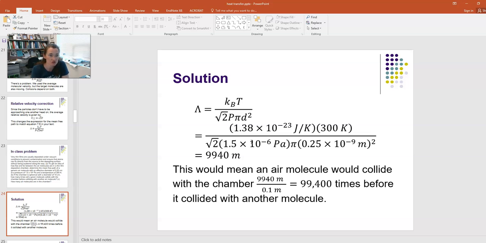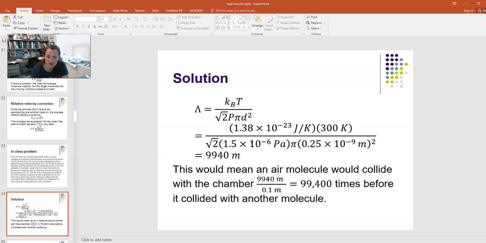T is the temperature, which was given in the problem as room temperature, about 300 Kelvin. Square root of 2 is in there. The pressure was given as 1.5 times 10 to the minus 6 pascals. And then, of course, we have pi times the diameter of the molecule, d squared. So the diameter of our molecule was 0.25 nanometers, so that's 0.25 times 10 to the minus 9 meters, squared.